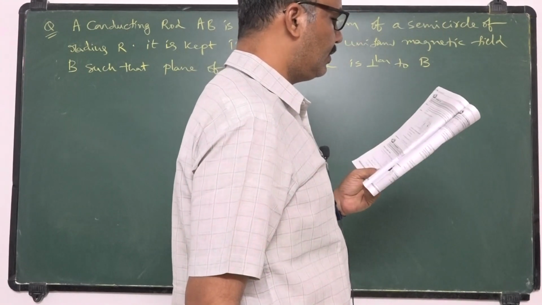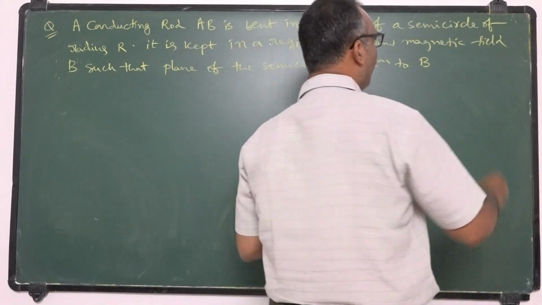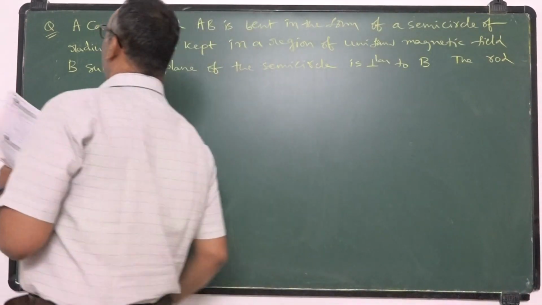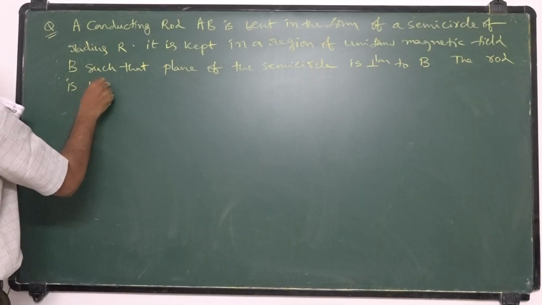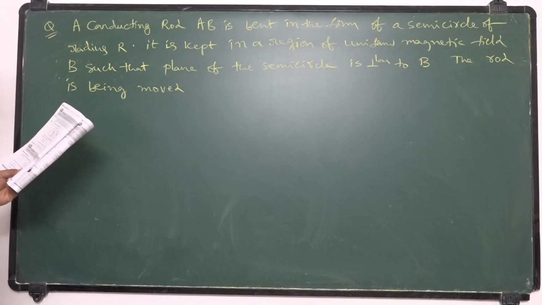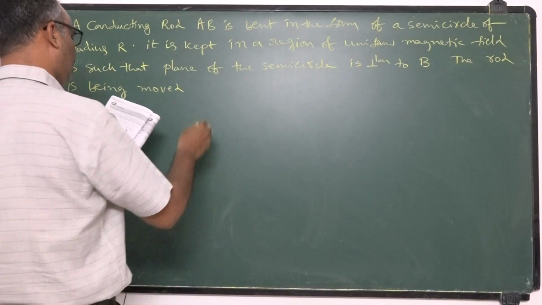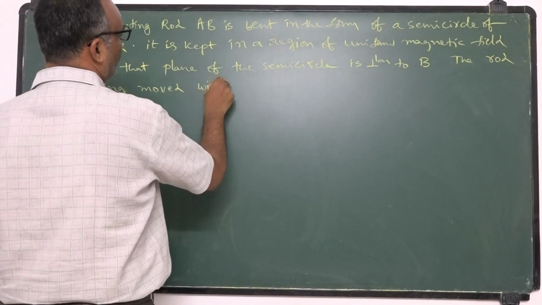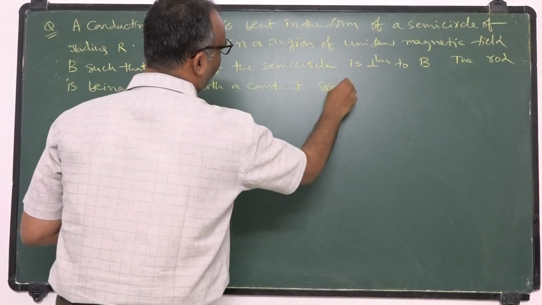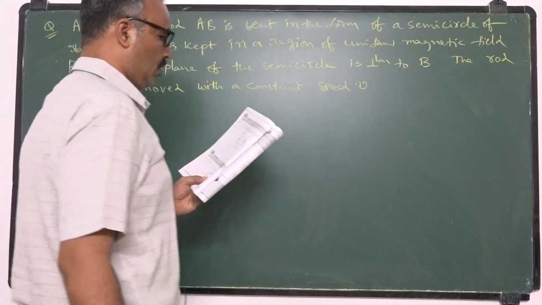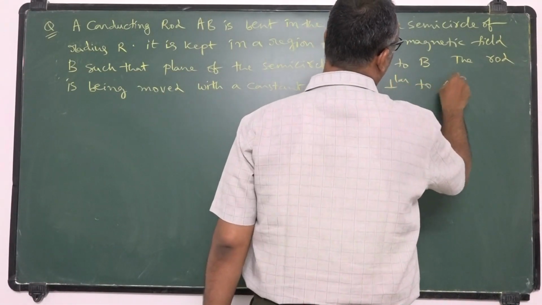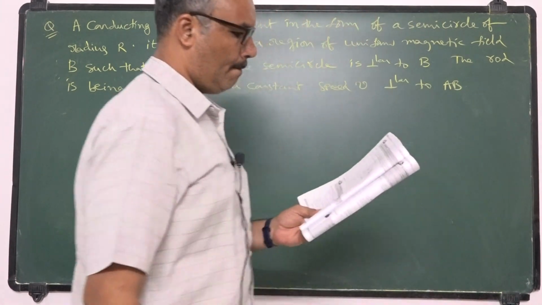The rod is being moved with a constant speed v, perpendicular to AB.